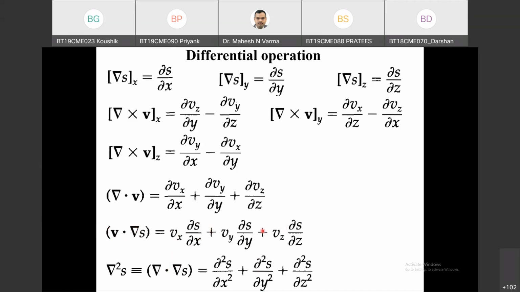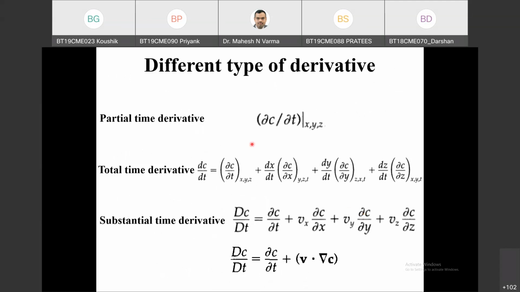That is the use of del scalar multiplication, vector multiplication, divergence, and this is called the Laplacian of the scalar. All other properties we will discuss whenever they are used. Is everything clear? With this information, and this is the definition of derivatives, time derivatives, we can start our discussion.